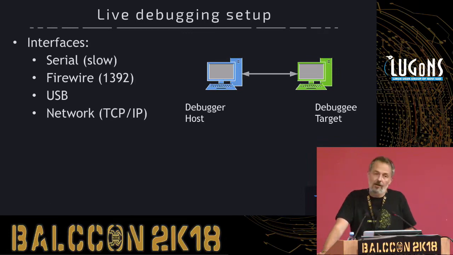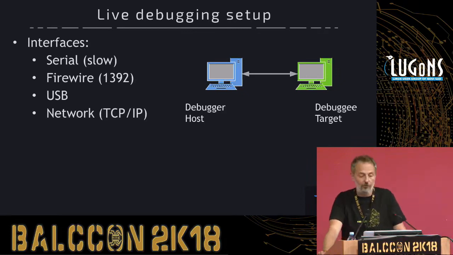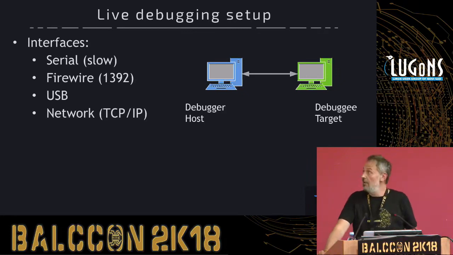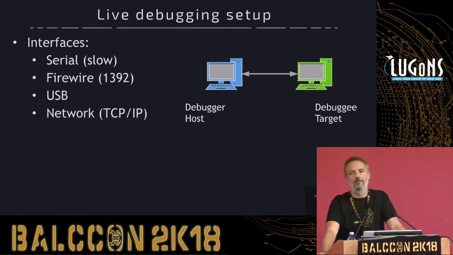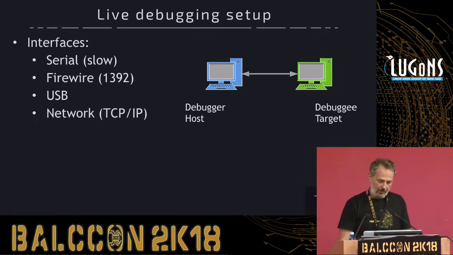There are not that many FireWire cards, but you can obviously get machines with FireWire. There's USB 2 and 3, which gives you good speed already, but I actually prefer the network driver, which allows you to set up a virtual Ethernet connection. My setup is two virtual machines, one which is the debugger and the other the debuggee, and over the Ethernet connection the speeds are more than acceptable.